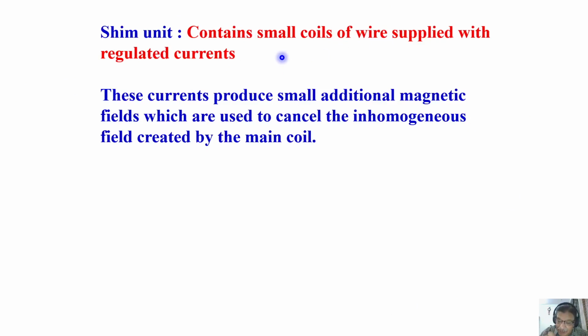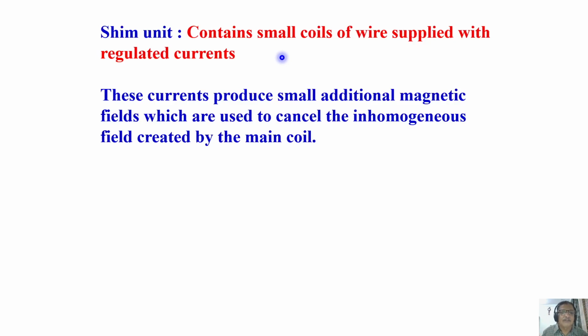I can regulate the current flow inside the coil, and they are all in different shapes, kept at different positions, such that if there is inhomogeneity along the z axis or x axis or y axis, I can put a counteracting current and generate a counteracting magnetic field to nullify the inhomogeneity. I can cancel out inhomogeneities created by the main superconducting coil.